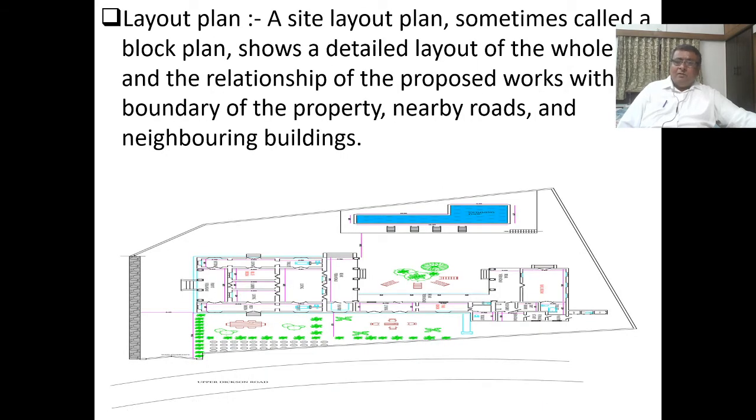The layout plan is a site layout plan, sometimes called a block plan. It shows a detailed layout of the whole site and the relationship of the proposed work with the boundary of the property, nearby roads and neighboring buildings.